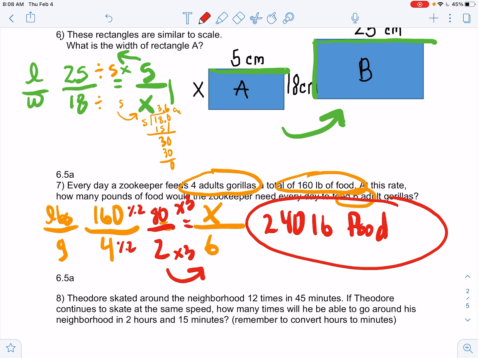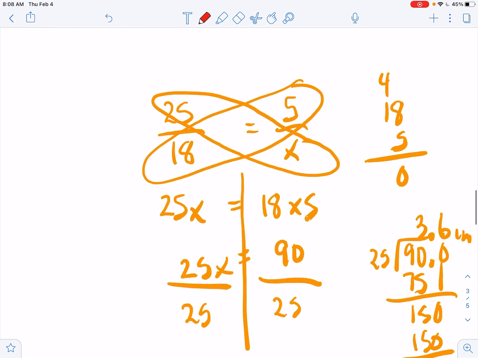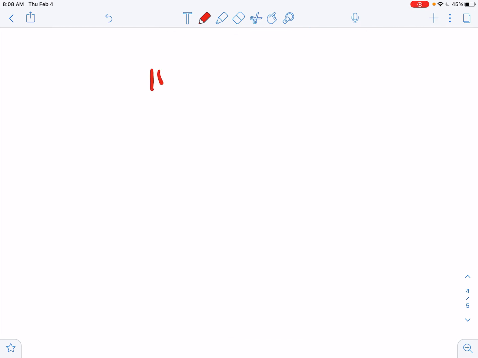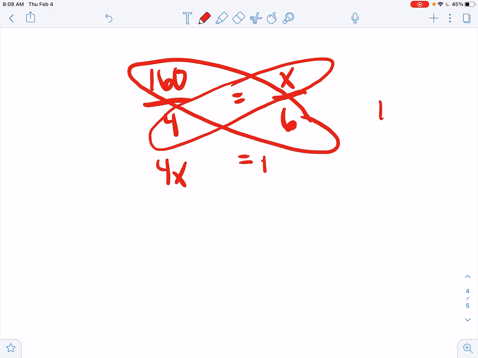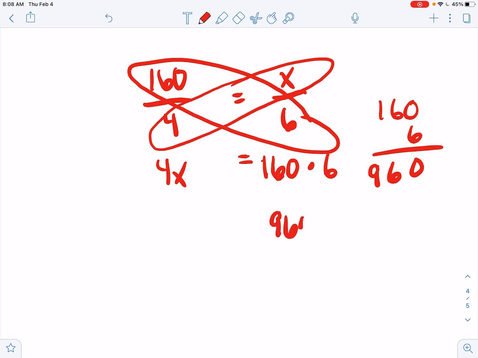Again, you can also do this the cross product way with solving for the unknown and setting up an equation. 160 over 4, x over 6. 4 times x is 4x. 160 times 6 is 960, which is equal to 4x.